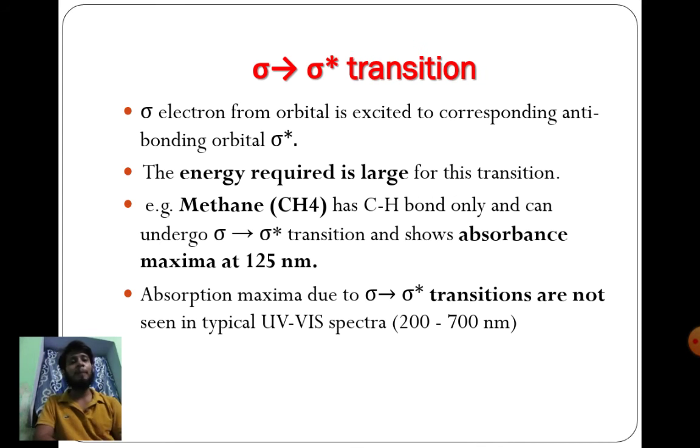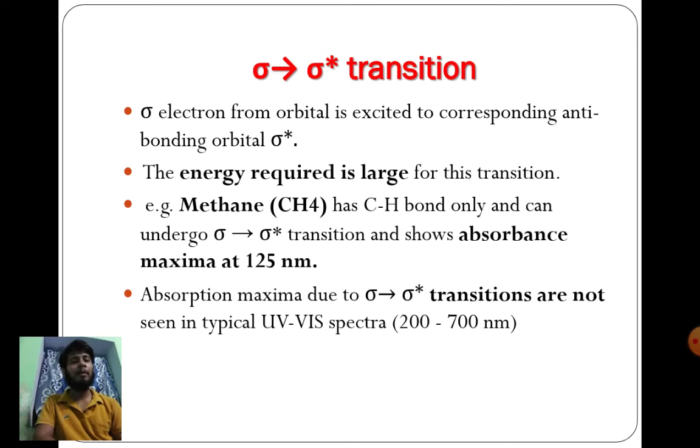We are going to mention them one by one. The first type is the sigma to sigma star transition. Here star is the anti-bonding orbital, and a normal sigma is considered a bonding orbital. So we read it as sigma bonding to sigma anti-bonding transition. In this type, the sigma electron from an orbital is excited to the anti-bonding orbital of sigma.